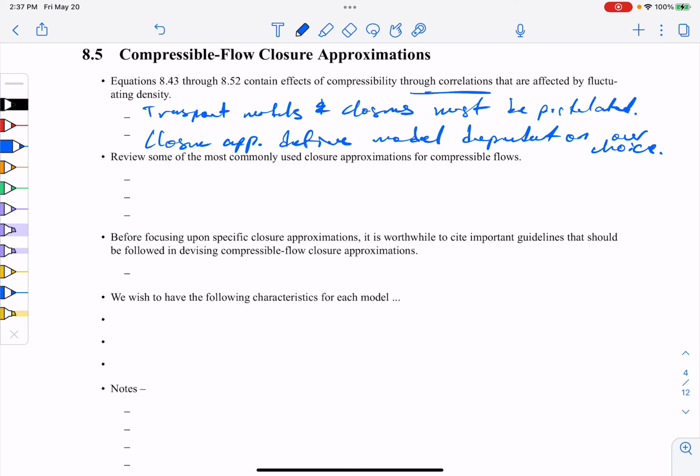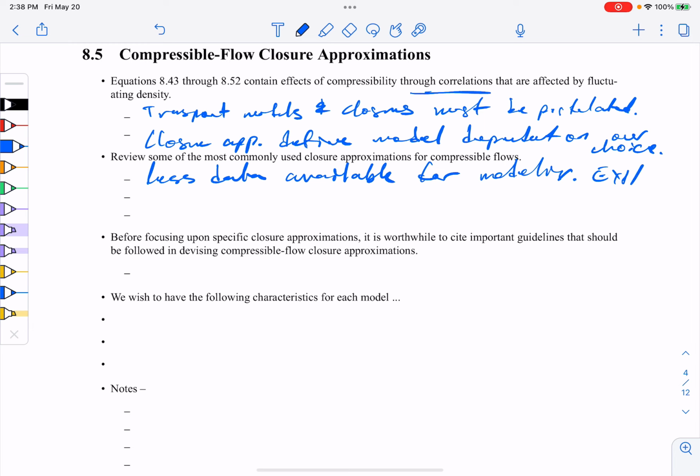And it is true that measurements for incompressible flows are more available, and for compressible flows, with additional complexities, they are definitely less available. So there's less data available for modeling in terms of experiment or DNS.